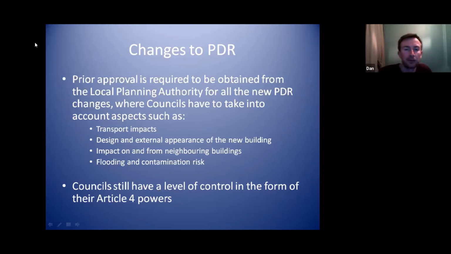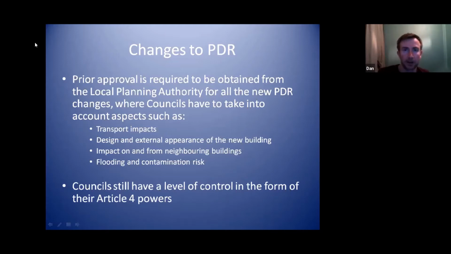However, the council still have to assess a prior approval application, taking into account aspects such as transport, design and external appearance of the new building, impacts on existing properties, so probably mainly residential, and also the impacts from existing buildings in the area. So that's probably mainly for things like commercial or industrial uses.